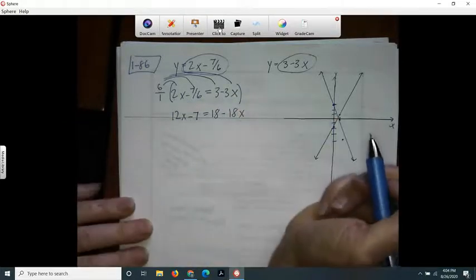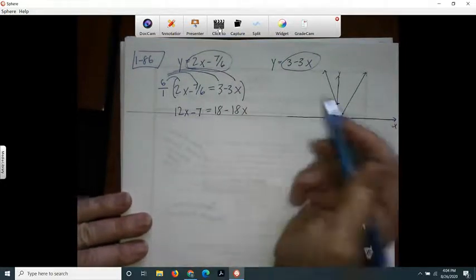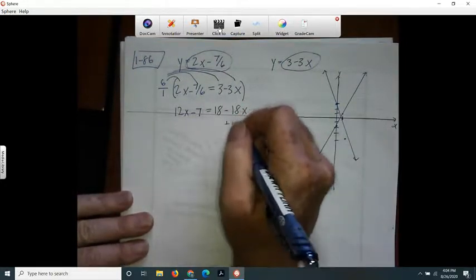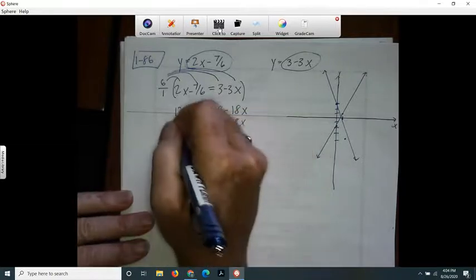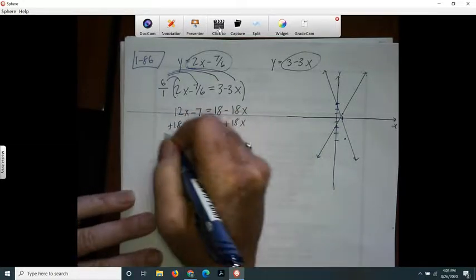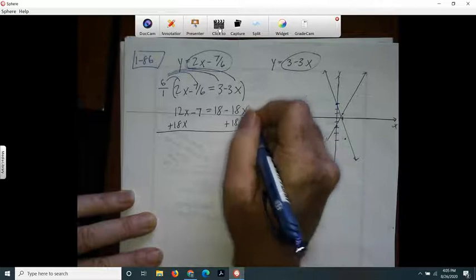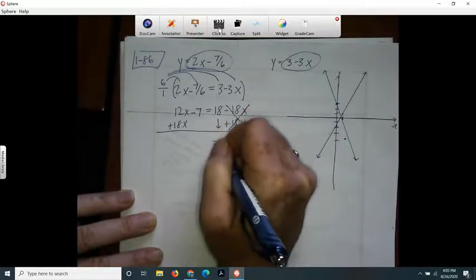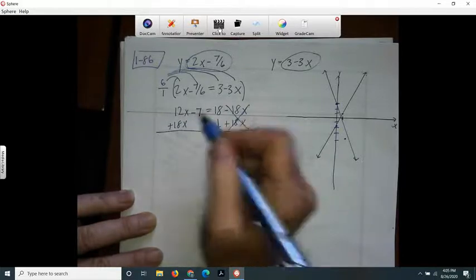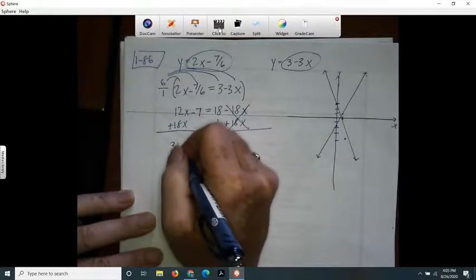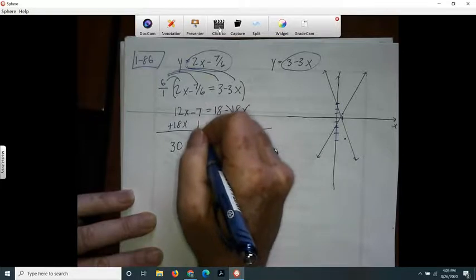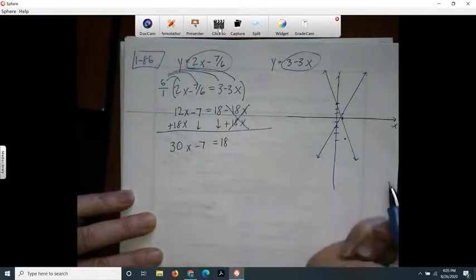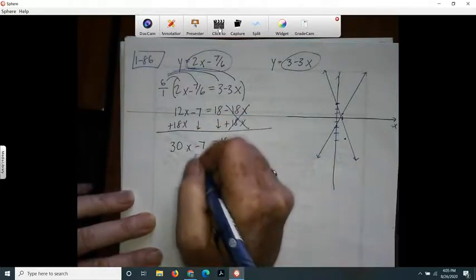Now I'm just using my algebra. I'm showing all my steps for you. So 12x and 18x makes 30x minus 7. So now I want to just get the x by itself.